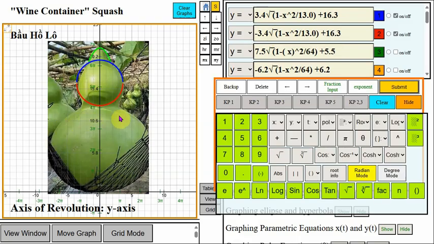And then for the bottom part of the squash, the part up here is a little bit narrower than the bottom half down here. So I fitted this top part right here with the equation 7.5 times the square root of 1 minus x squared over 64, plus 5.5.